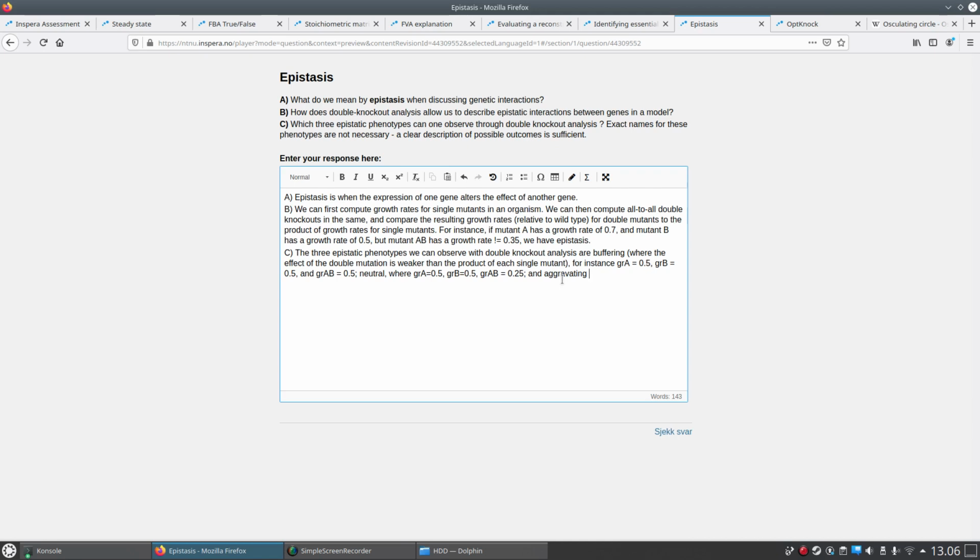So that would be, for instance, growth rate A equals 0.9, growth rate B equals 0.9, or even 1 for that matter, and growth rate AB equals 0.01. This would be a case of aggravating epistasis. So these are the three aspects of epistatic phenotypes we can observe through double knockout analysis.